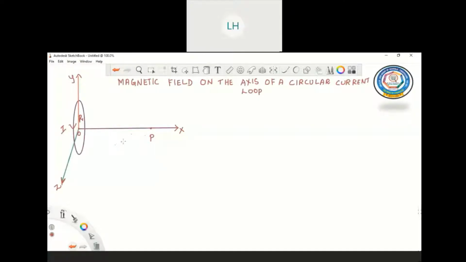We want to find the strength of the magnetic field at this point P, which is on this axis. Let x be the distance of the point P from the center O of the loop.